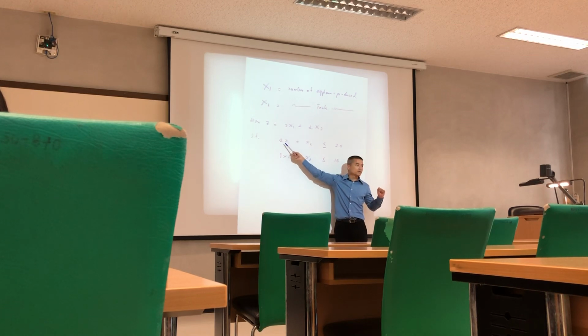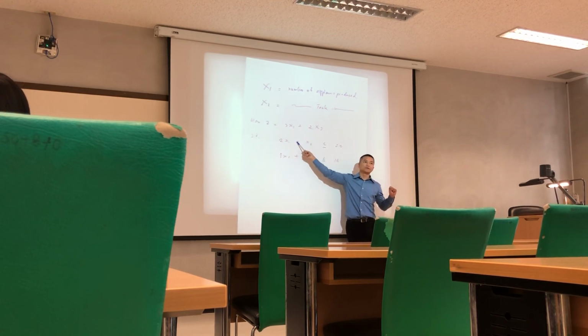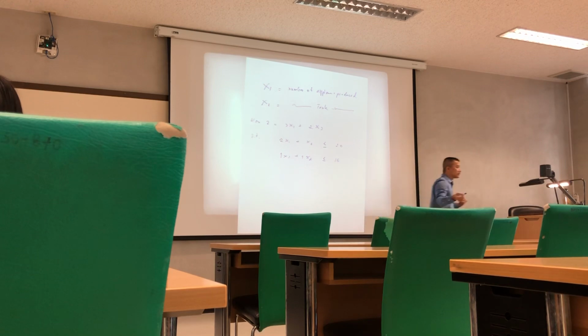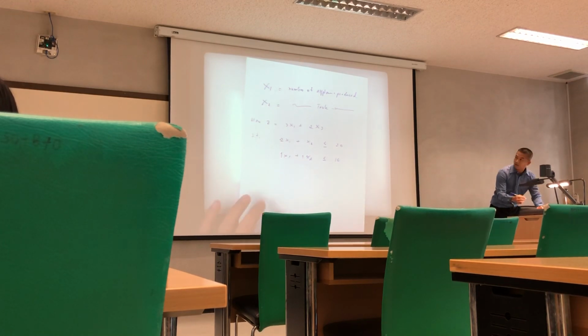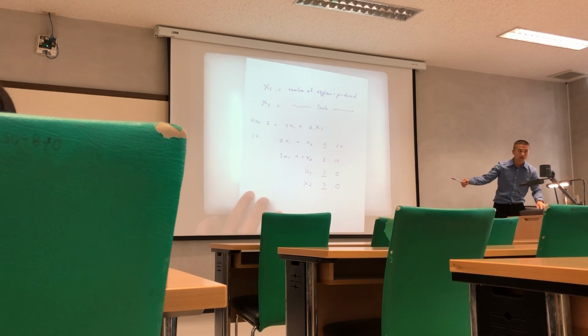One airplane use two long, one tank use one long. So this is how much of the long brick you will use. You have at most 20 long bricks. And you also must have x1 greater than or equal to 0, x2 greater than or equal to 0.